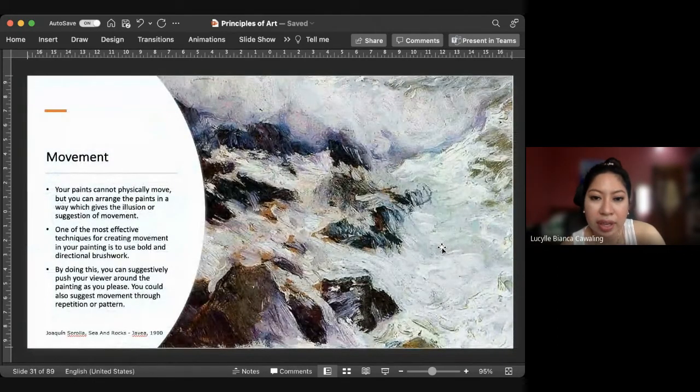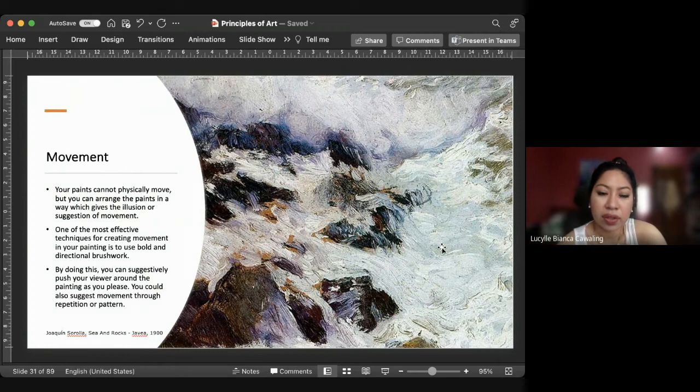So for example, this one, oh, I forgot to tell you that the movement here in visual arts are implied movement most of the time, meaning when you see it, it will look like it's moving, but it's actually not moving. But there is just an impression that it is moving.